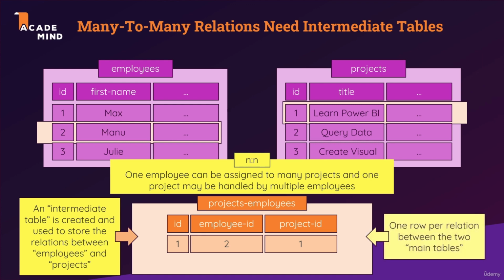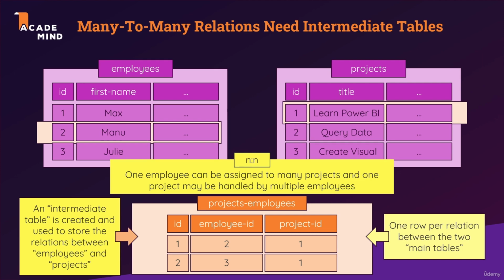So each row contains one specific relation between the two main tables here. We could have also other entries, a second entry, for example, with another unique ID. Here we have a different employee ID, 3 in this case, so this would be Julie, but we have the same project ID. So this means both myself and Julie are assigned to the Learn Power BI project here.